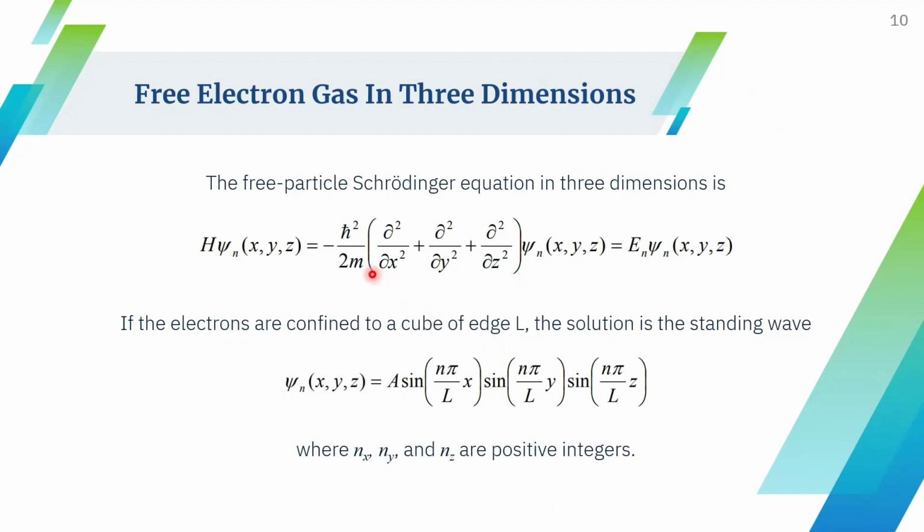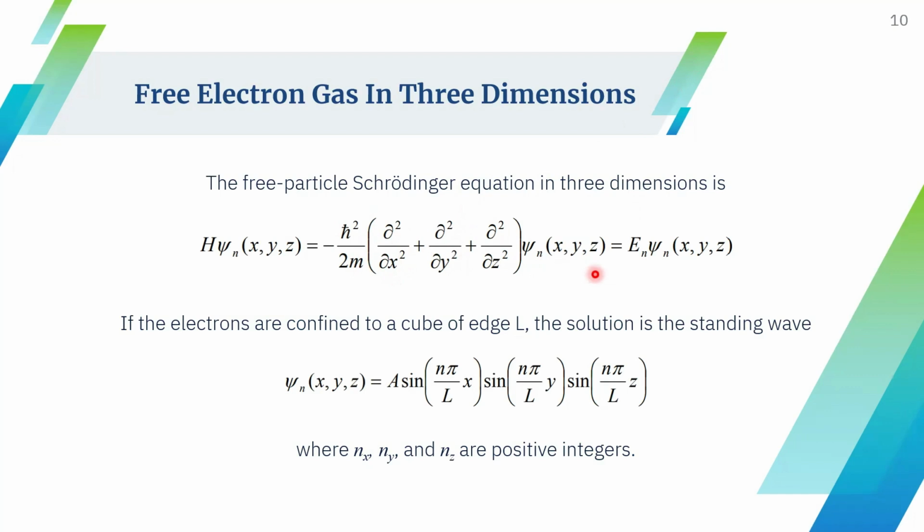We know the free particle Schrodinger equation: H psi n of x, y, z is equal to minus h cross square by 2m times (dou square by dou x square plus dou square by dou y square plus dou square by dou z square) into psi n of x, y, z. This is equal to E n psi n of x, y, z.